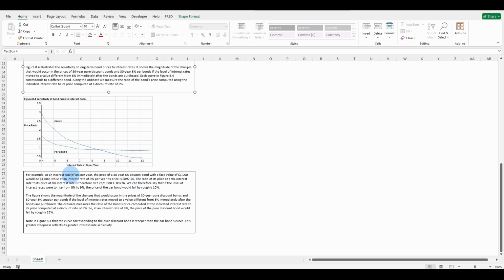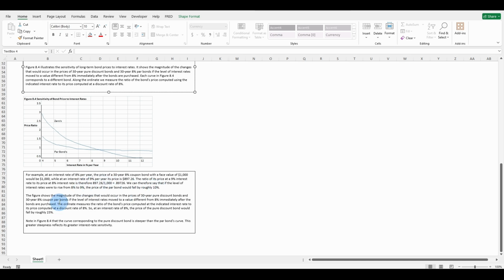That's the par bond. The ratio of its price at a 9% interest rate to its price at 8% is therefore 897.26 divided by 1,000 equals 0.89726. We can therefore say that if the level of interest rates were to rise from 8 to 9%, the price of the par bond would fall by roughly 10%. That's a 1% move on pricing.